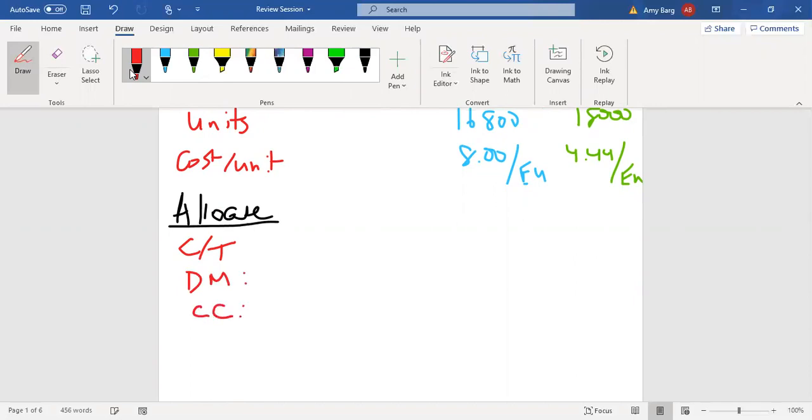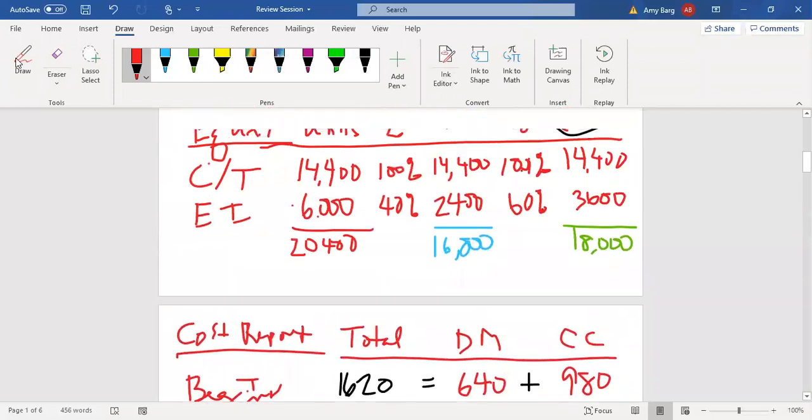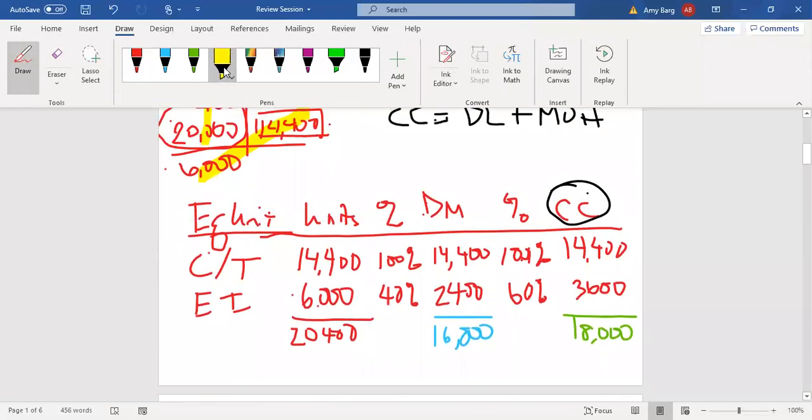So for direct materials, we're going to come back up to this chart up here, and we're just paying attention to this line right here. There were 14,400 units for direct materials completed and transferred, and there were 14,400 completed and transferred for conversion costs.